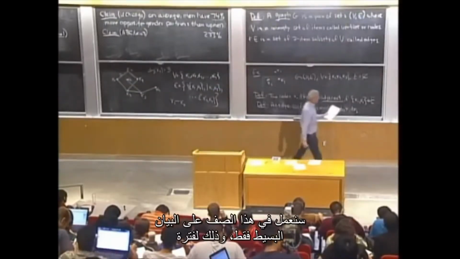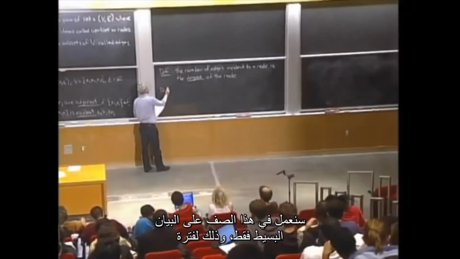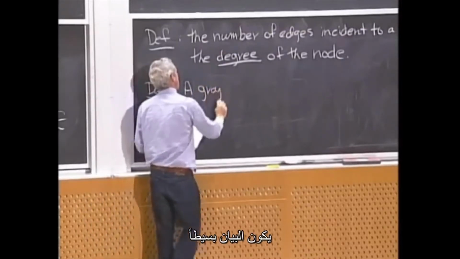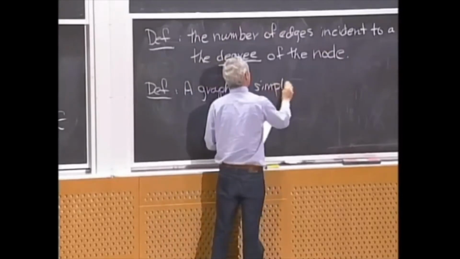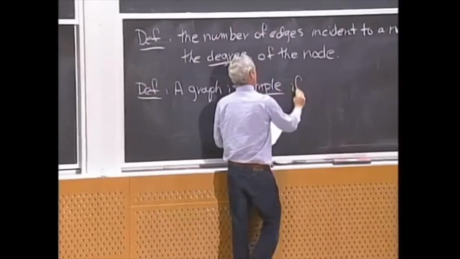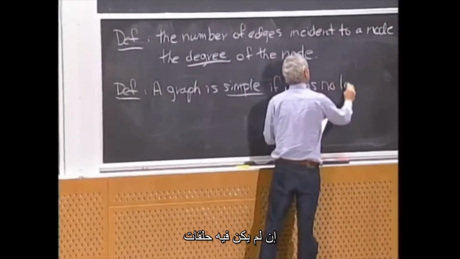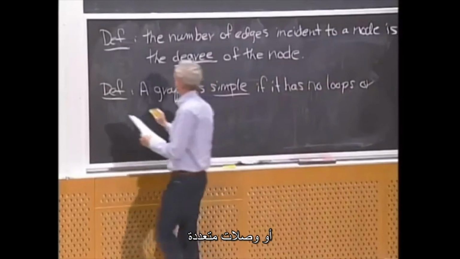Now, in this class, we're going to look at only simple graphs, at least for a while. A graph is simple if it has no loops or multiple edges.